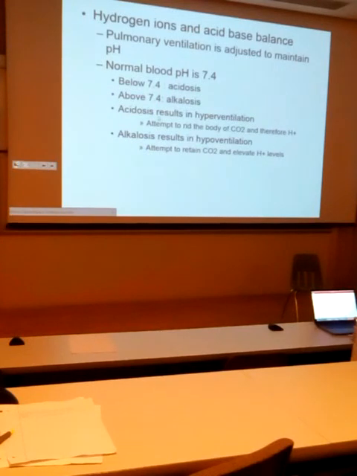If you are acidotic, meaning your pH is too acidic, that should make you start breathing, increasing your rate and depth of breathing, because hydrogen ions with the CO2 will stimulate the chemoreceptors to restore normal pH. Does that make sense? Alkalosis, if you are too alkaline, your chemoreceptors will not be stimulated, your drive to breathe will be less, and your respiratory rate will slow so that you can retain CO2 to make you more acidic. Does that make sense? Good.